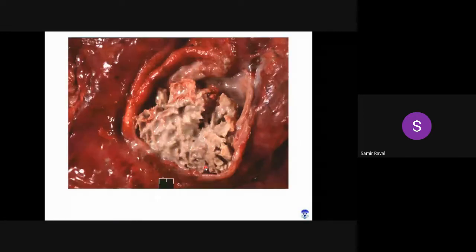This is a case of... what will you find in this etiology? This is a sequestrum, an area of necrosis surrounded by fibrous tissue, and this is most commonly seen in interstitial pneumonia.